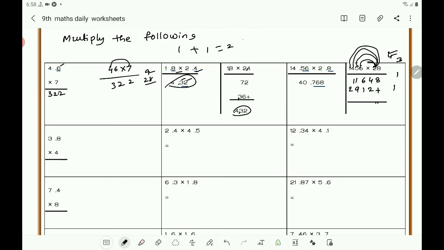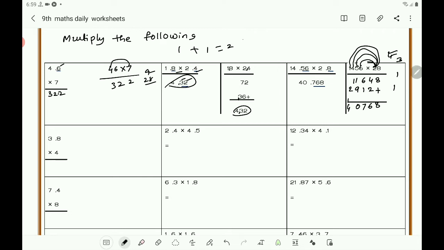Then you write 8. 4 plus 6 is 4 plus 2 is 6. 6 plus 1, 7. 1 plus 9, 10. And 1 plus 2 plus 1, the sum is 4. You got 40768. That is 40,768.